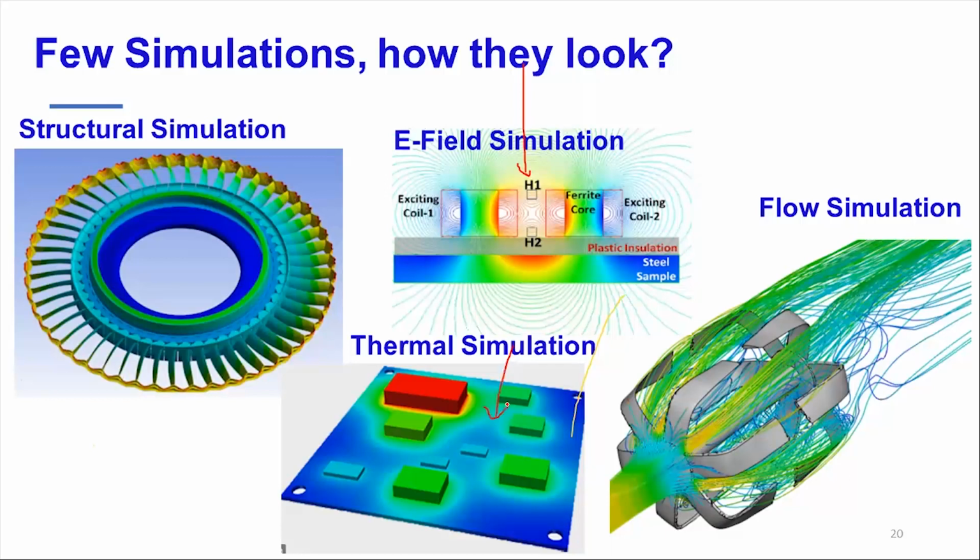Here you have some ICs, like an IGBT, mounted which dissipate high power, and you see how the temperature over the PCB varies. Then you have a flow simulation. The fluid is coming from here, and because of this rotary part, this is how the fluid distribution is downstream.